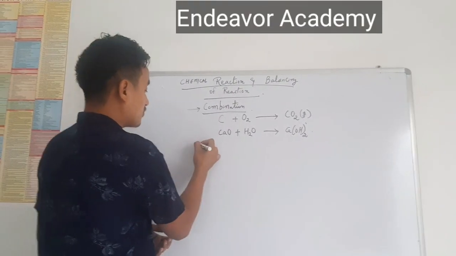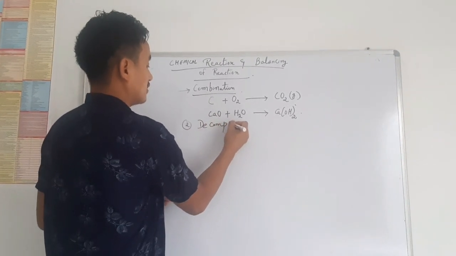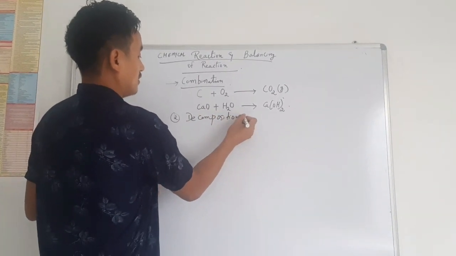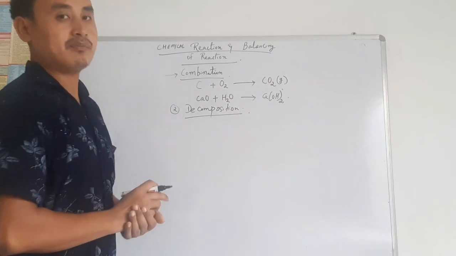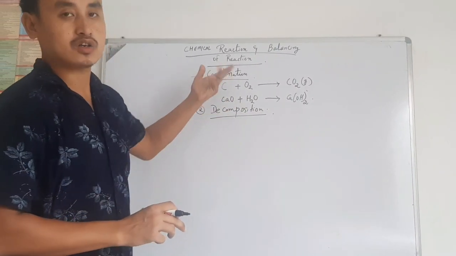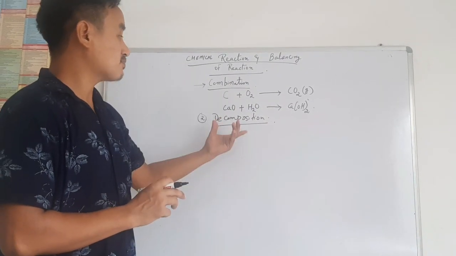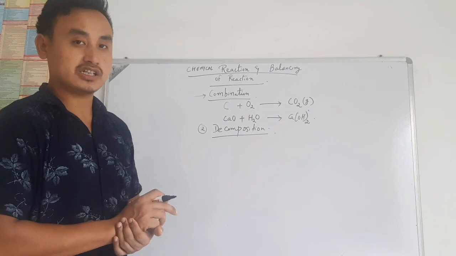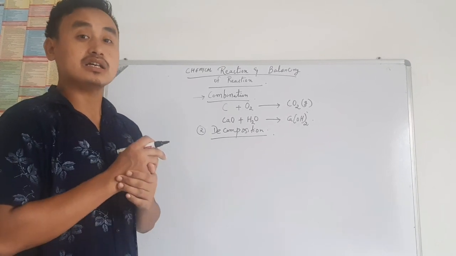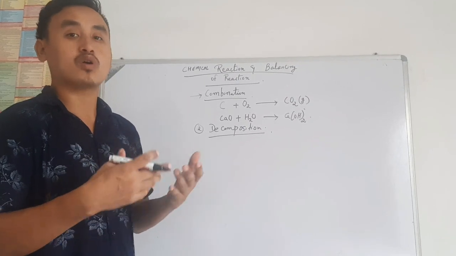The second type of reaction is the decomposition reaction. As the name indicates, a decomposition reaction is the opposite of a combination reaction. That means a single reactant will react to give two or more products.